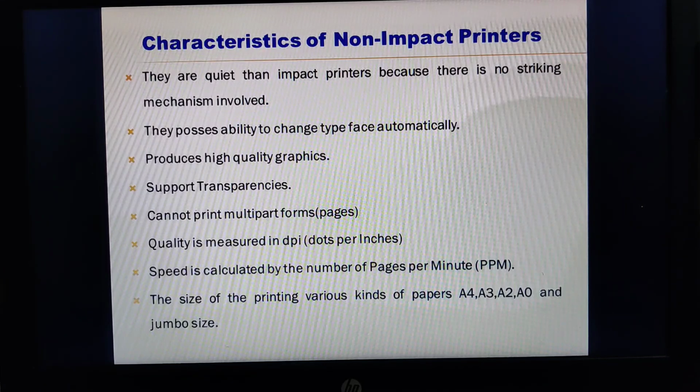It is very quiet compared to the impact printer. They support color printouts, graphics, transparency, different fonts and sizes, and different papers. So these are a few of the characteristics of non-impact printers.